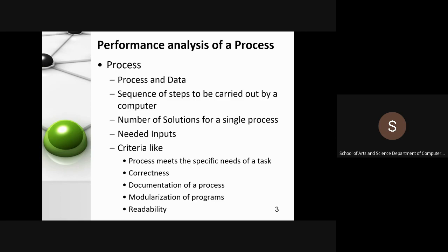So these are all the criteria to be covered. Once all these criteria are satisfied, you can easily say that your process is doing well. Shall I go to the next concept?